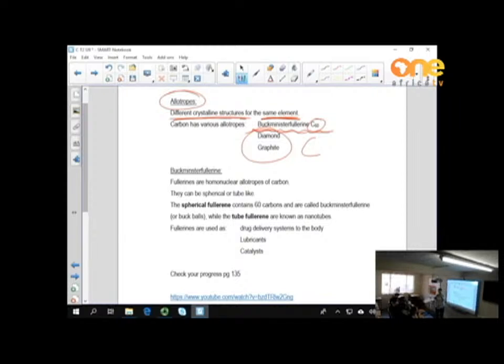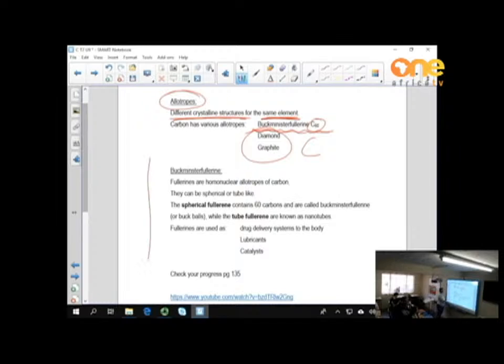You follow? The patches on a soccer ball? So it's a hollow ball of carbon. We will look at materials that are made with them in one of the next topics. I don't want to start with that now.